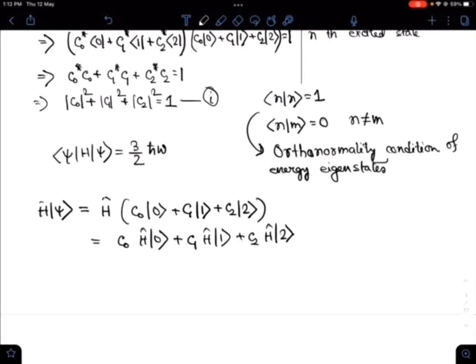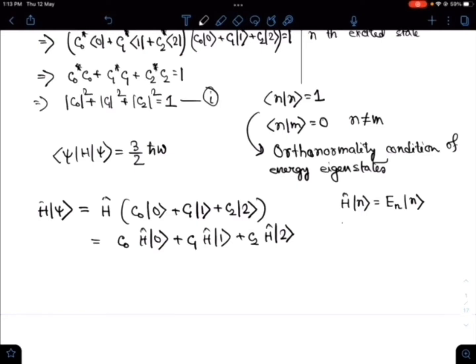Now these |0>, |1>, |2> are the eigenstates of the Hamiltonian. So if I apply the Hamiltonian on the nth energy eigenstate, we will get the eigenvalue En and be returned with the same energy state.